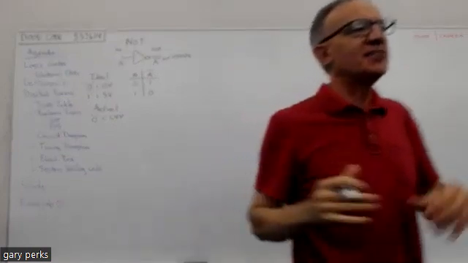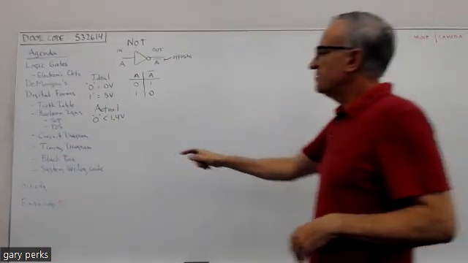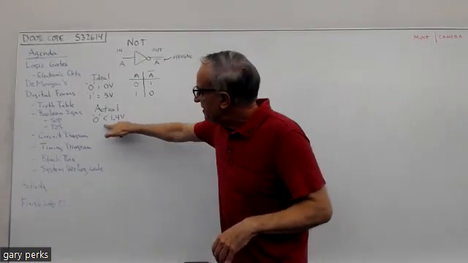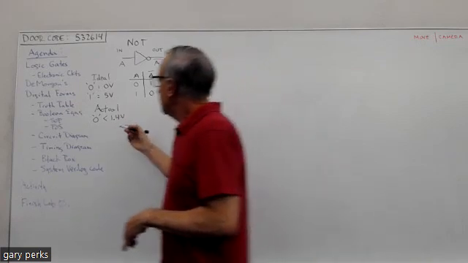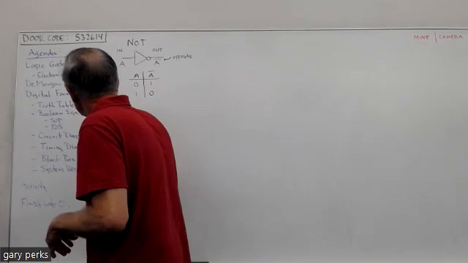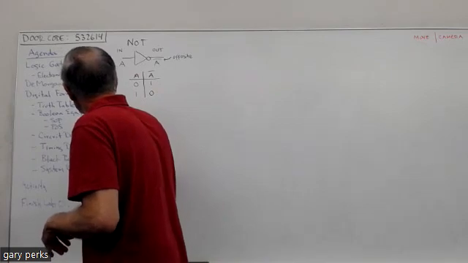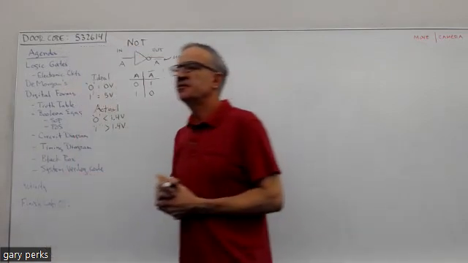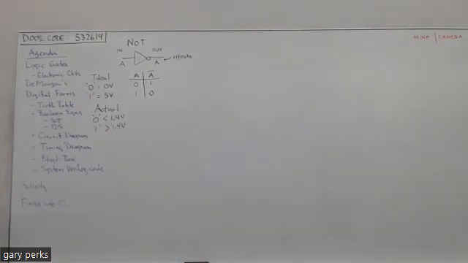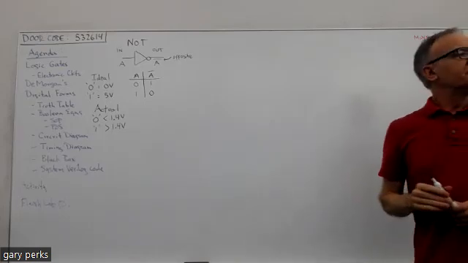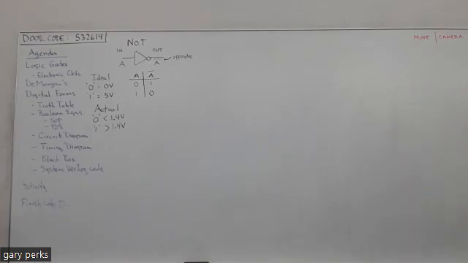Okay, there's a family of gates called TTL, and for that family of gates, a 0 is read if a voltage is less than 1.4 volts, and it's a 1 if the voltage is above 1.4 volts. And if you're hovering at 1.4 volts, well then flip a coin to see whether it's a 0 or a 1. Okay? Is there a reason that they selected those numbers? Or is it just arbitrary?